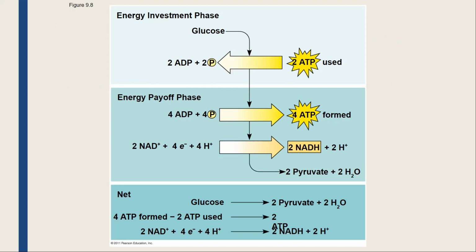And then there are two phases to glycolysis. There is the energy investment phase, and then there is the energy payoff phase. So it does take a little bit of energy to get it going, but in the end, it gives off more energy. So it uses 2 ATP, gives off 4 ATP. So we say there's a net of 2 ATP in that process.